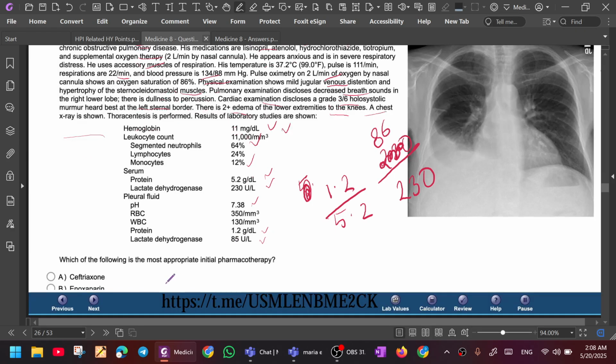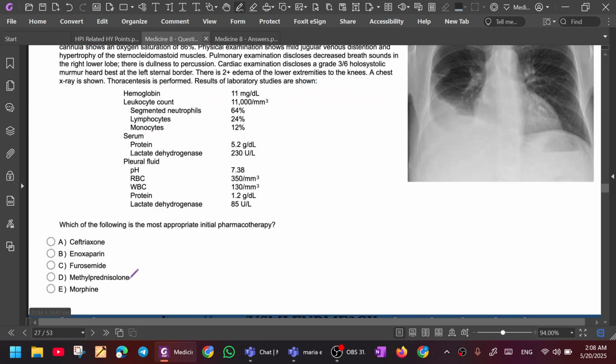Nope. It's heart failure, probably. According to Light's criteria, it is transudative. Even if it is transudative, I choose that. Okay.